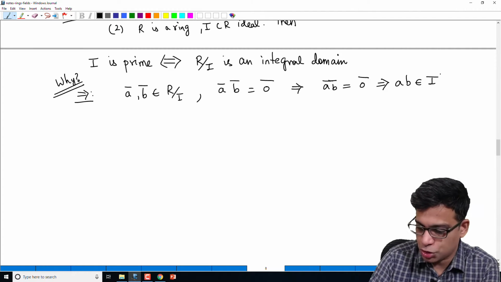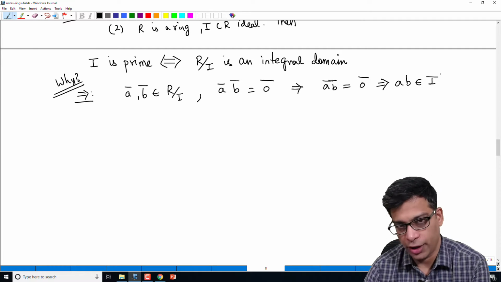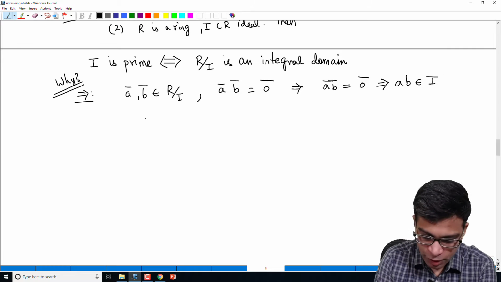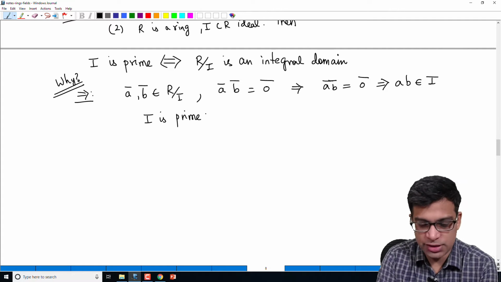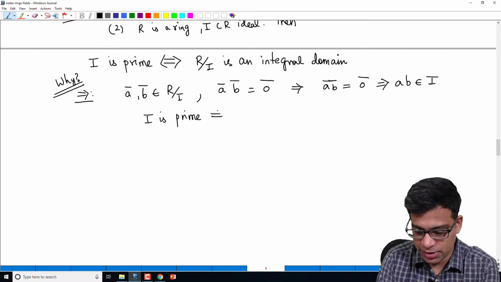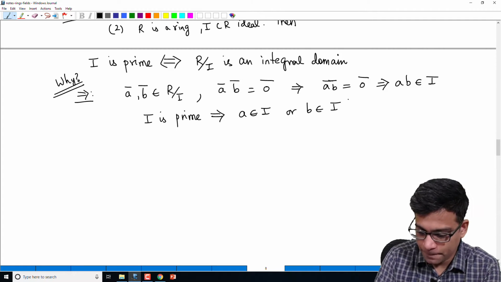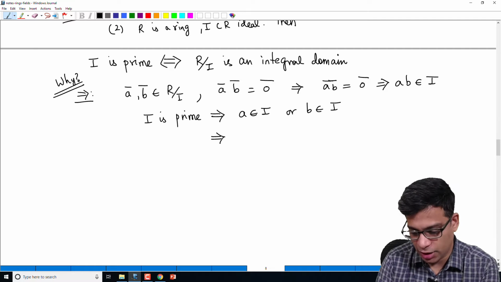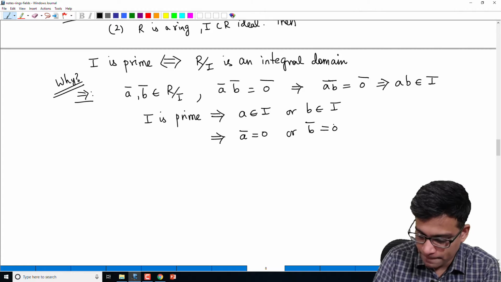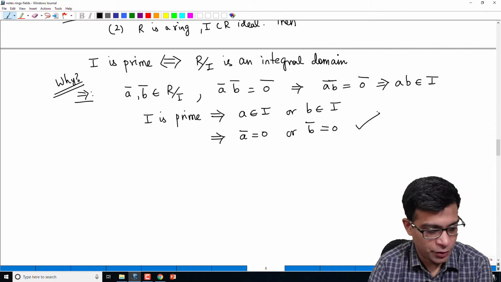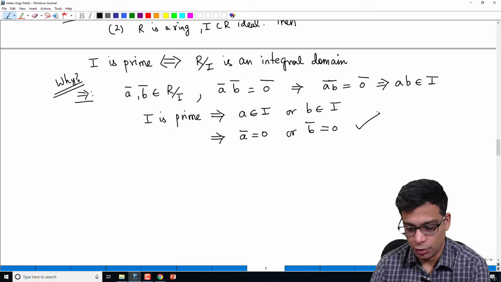By the definition of a quotient ring, if an element is 0 modulo I, that means that element is in I. But since I is prime, that is the assumption, if AB is in I, then A is in I or B is in I. But if A is in I or B is in I, that means A bar is 0 or B bar is 0, which is exactly the statement for an integral domain. So if I is prime, R mod I is an integral domain.